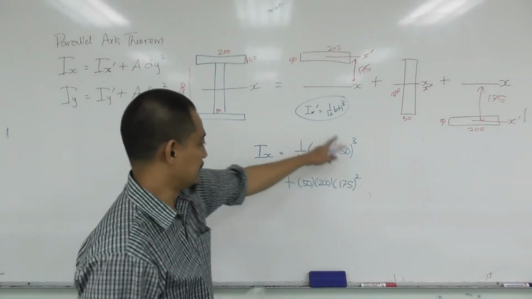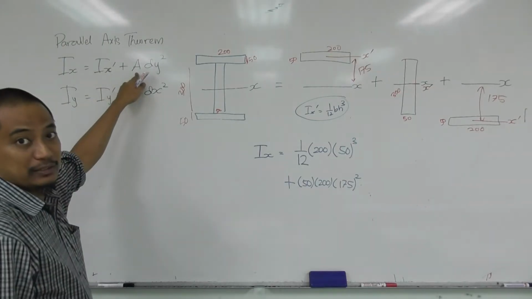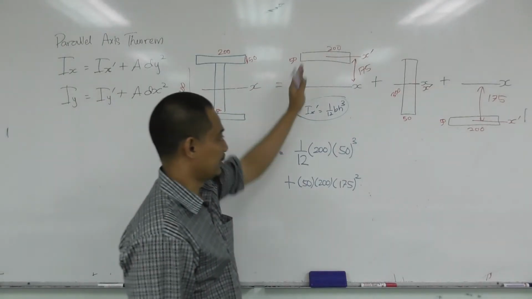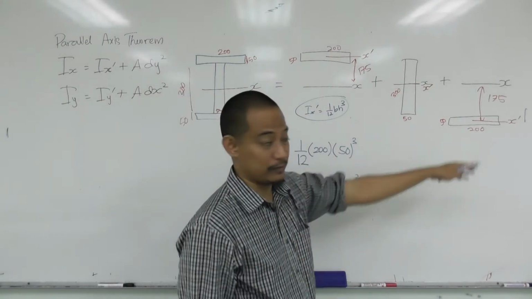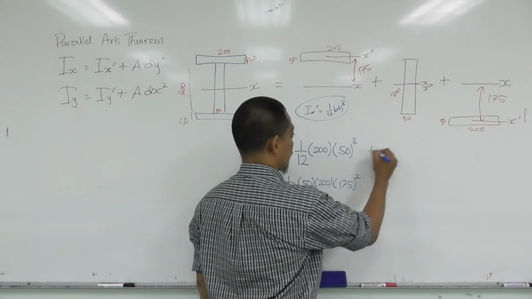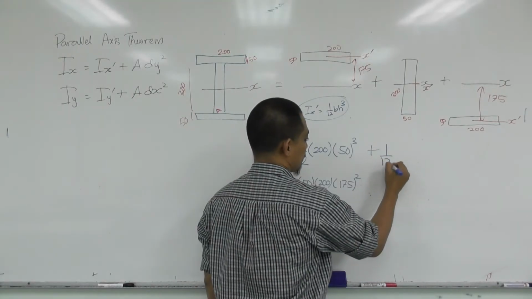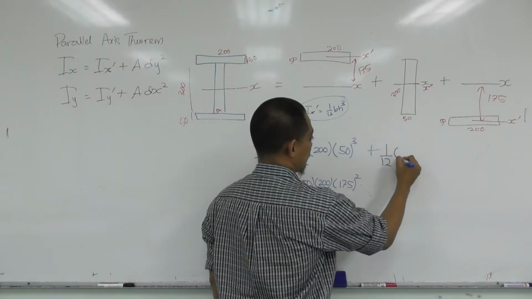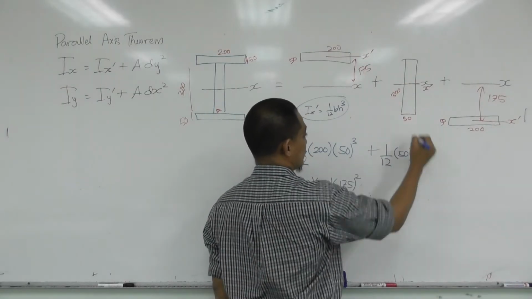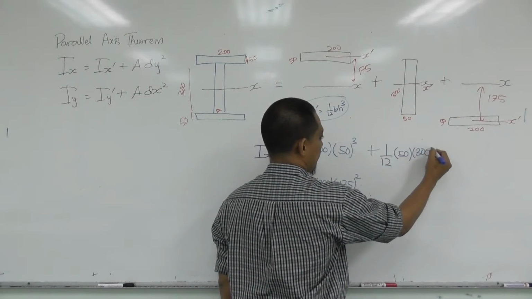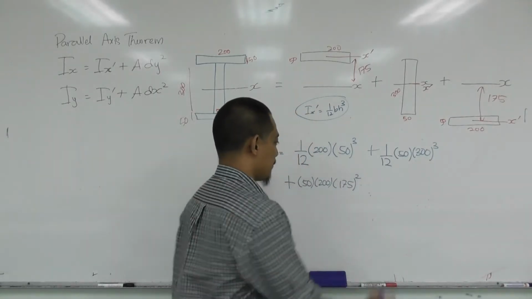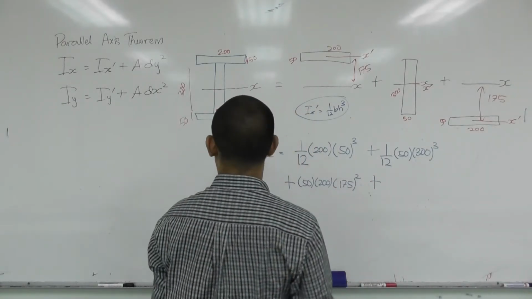So this is basically Ix prime plus A dy square for this one. And then you just add for this one and add for that one, right? So add here. 1 over 12 bh cube. B is 50, h is 300 cube plus A dy square.